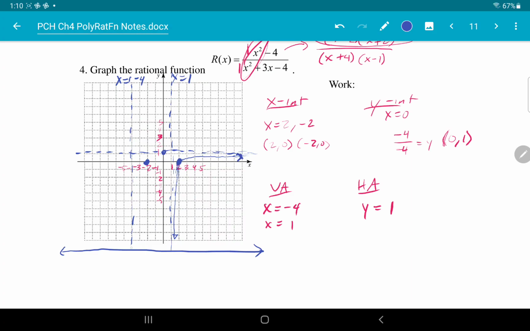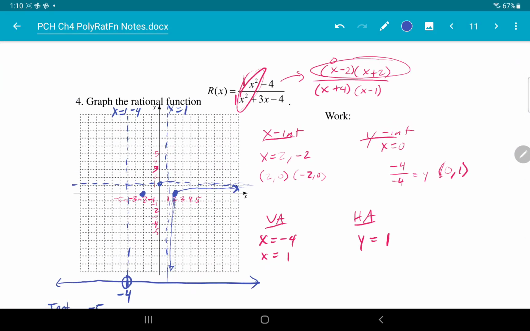In terms of the other part, on the sign analysis chart, we can see that we have an x value at negative 4. So let's just go ahead and test a value, something like negative 5. If we test negative 5, we're going to plug that into our rational function. So just imagine negative 5 is replaced for all your x values.